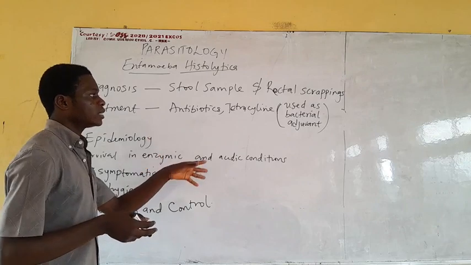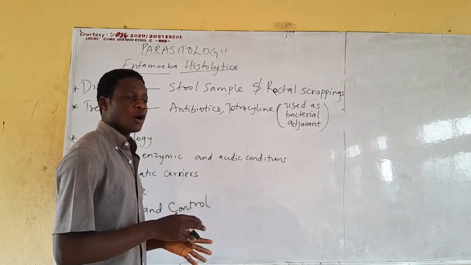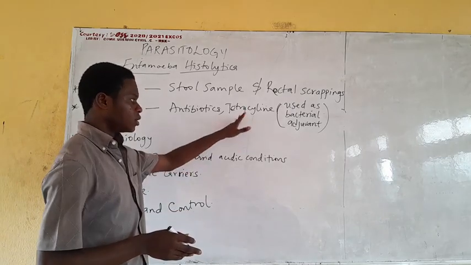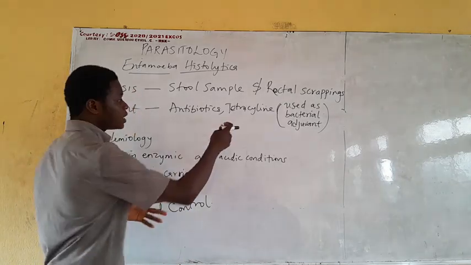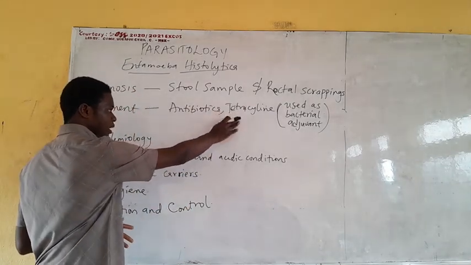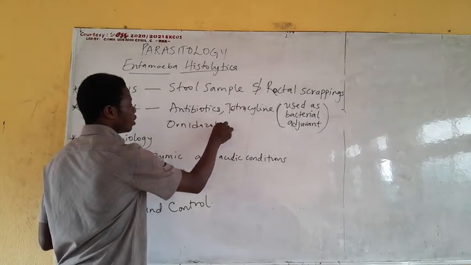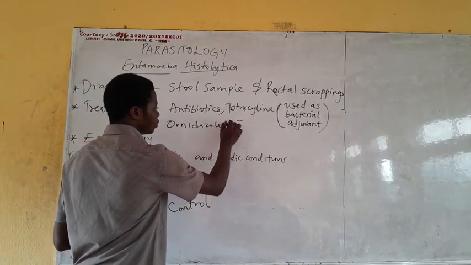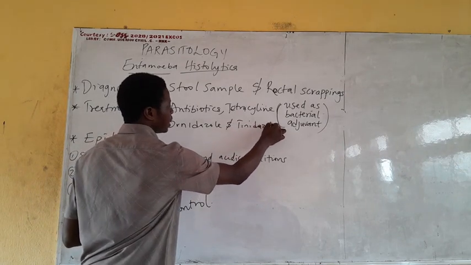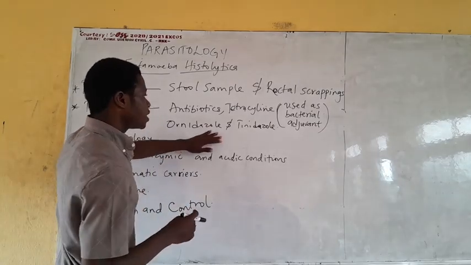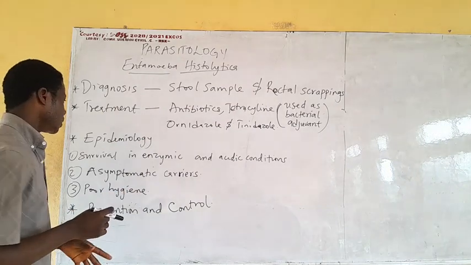Then tetracycline, used as a bacterial adjuvant, which stops the formation or further increase of Entamoeba histolytica. Also, we have another choice of drug, which are derivatives of this tetracycline, known as metronidazole or tinidazole. These are other derivatives which can also serve as a source of treatment.